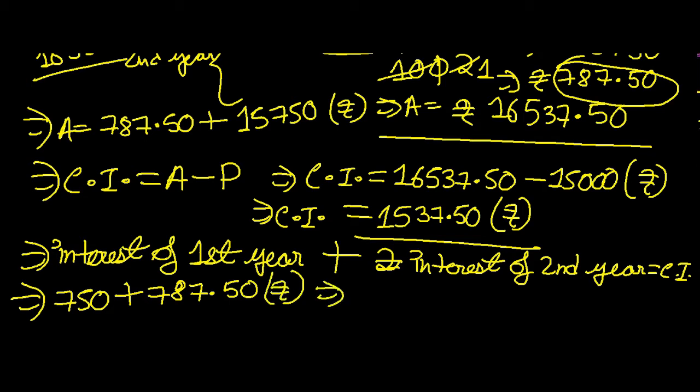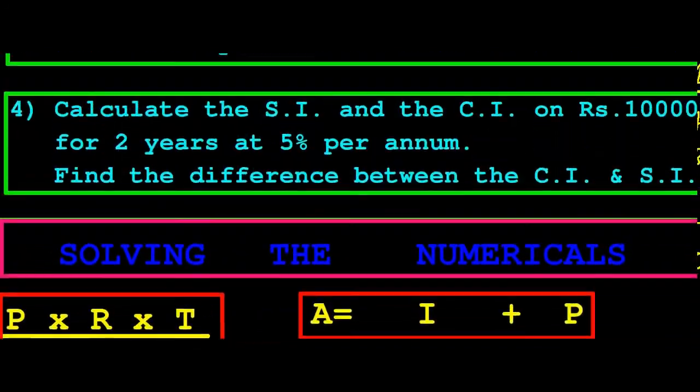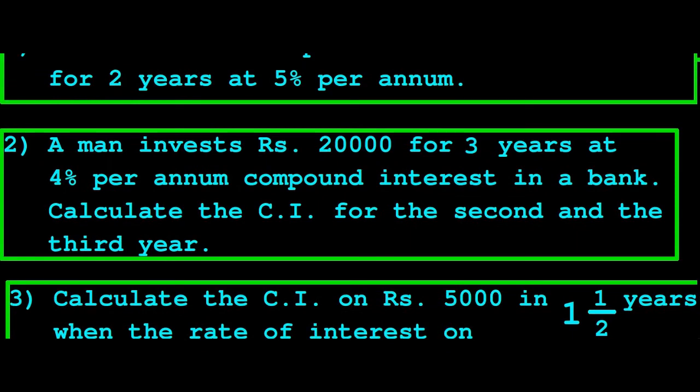It is equal to 1537.50 rupees, which is the same answer. See friends, we are getting the same answer. You can find out the compound interest using either of the two ways or methods. Okay friends, now let's proceed with the second sum.